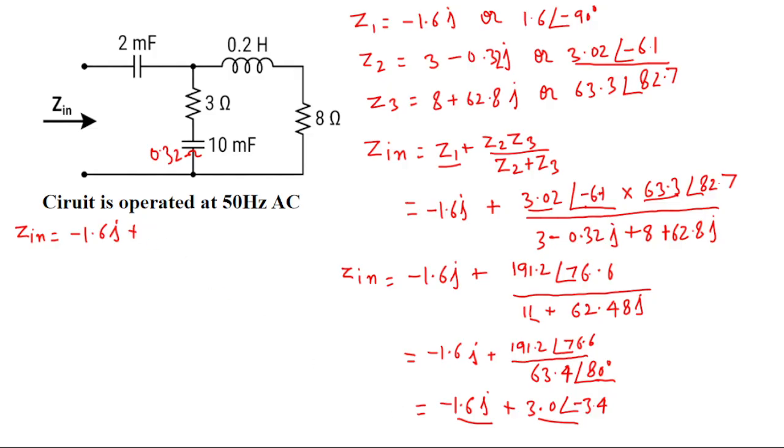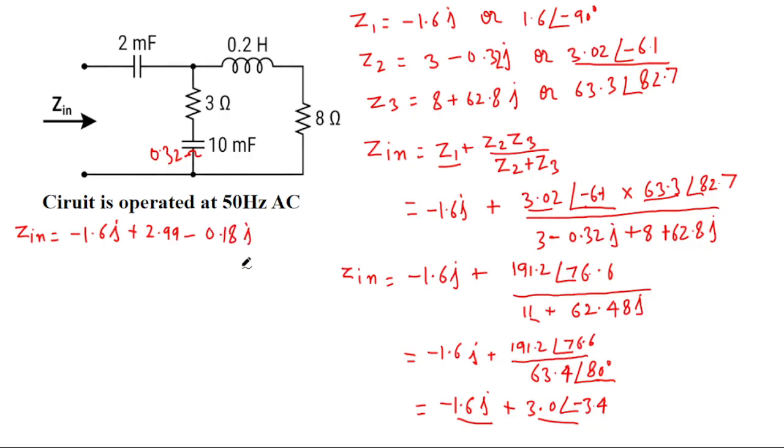So if you convert rectangular to polar from your calculator, you will write the rectangular, and then give the value of r as 3 and theta as minus 3.4. So value will come here as 2.99, and because angle is minus, the second quantity will be coming here as minus 0.18 into J.